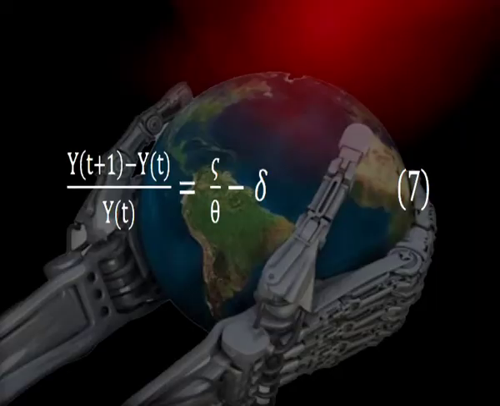This means that the growth of income at a given capital output ratio in time period T plus 1 is equal to the capital formation from income in time T discounted at the rate of depreciation plus the savings generated from income in time period T, and this translates into Y T plus 1 minus Y T upon Y T, which is equal to sigma upon theta minus delta.